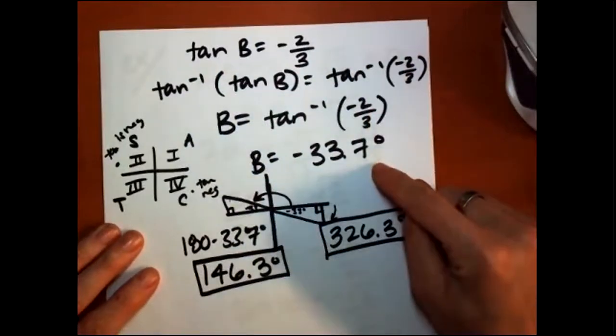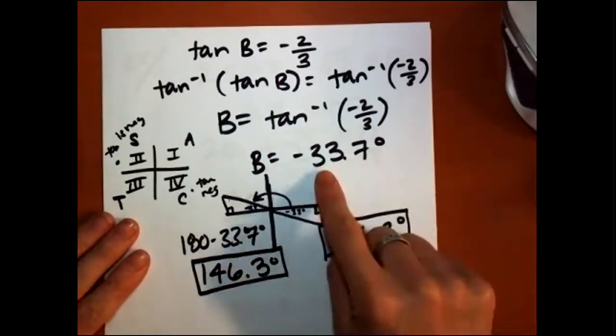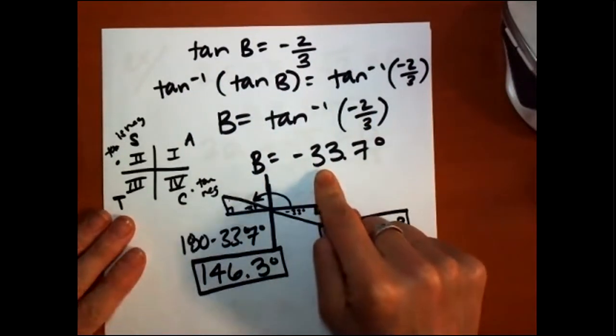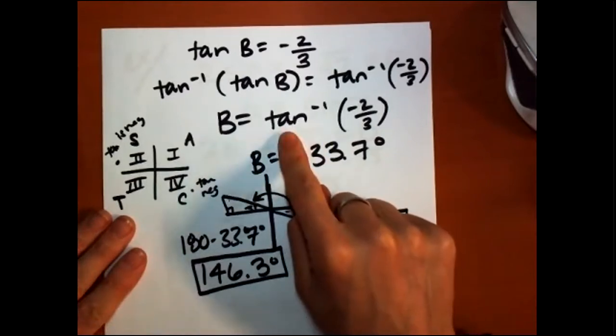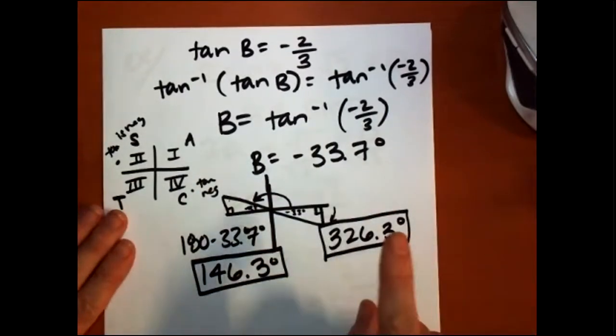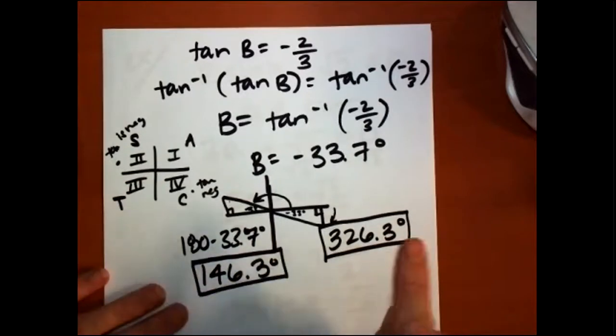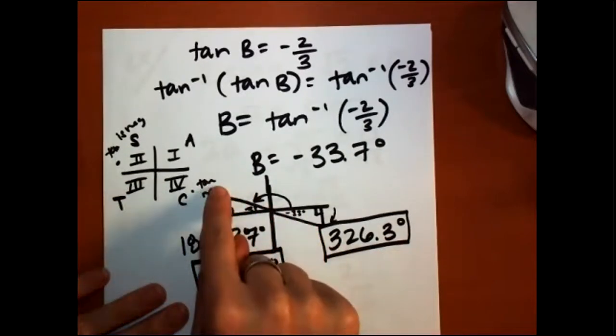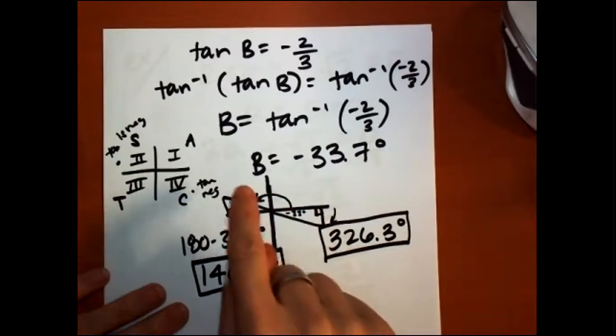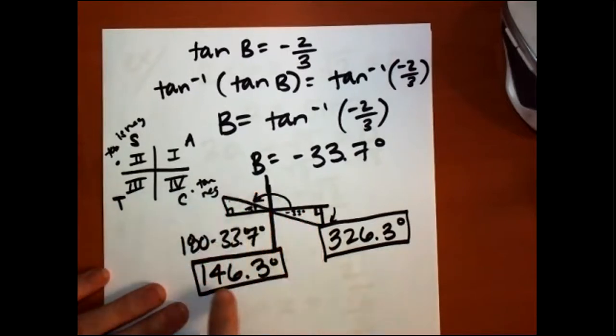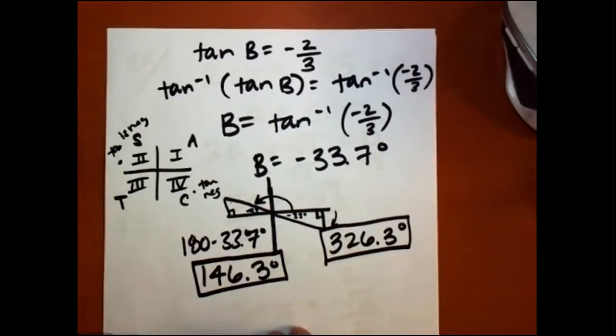Then we used our handy-dandy calculator to find that b equaled -33.7 degrees using our inverse tangent function. And we knew that tangent is negative in the fourth and the second quadrant, so we recopied this triangle into the second quadrant to find our other answer.